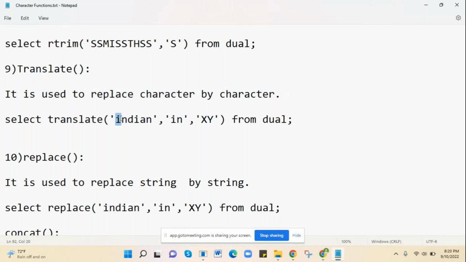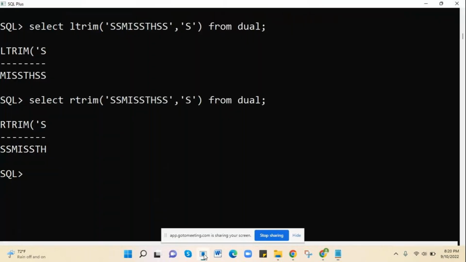So here there is i, it will replace to x. n it will replace to y. d stays the same. i will replace to x. a stays the same. n replaces to y. That is nothing but translate. Translate means one to one.